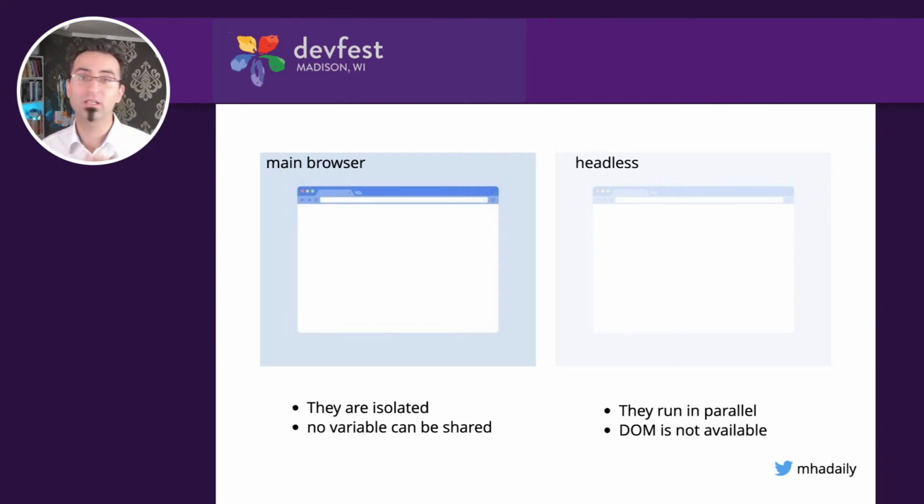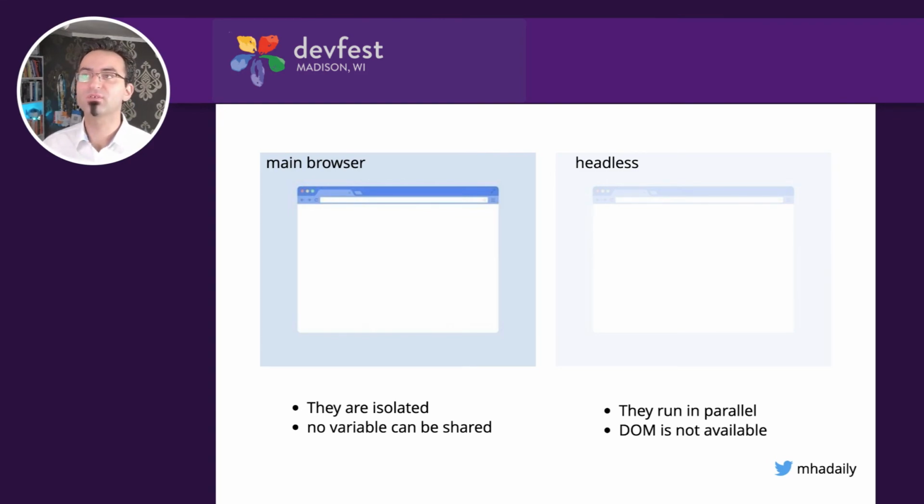It seems like you're opening a tab, but it's headless, right? It has some characteristics for sure. It's isolated. There is no variable that we can share. Because it's isolated, of course, we don't have access to the DOM. And they can also run in parallel.